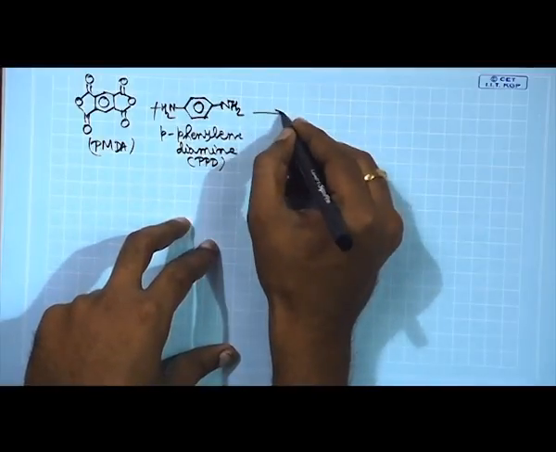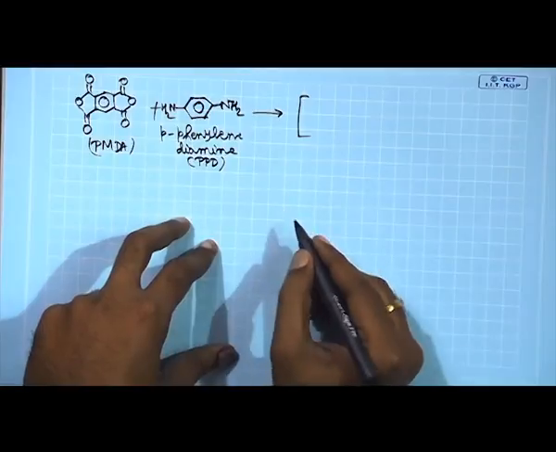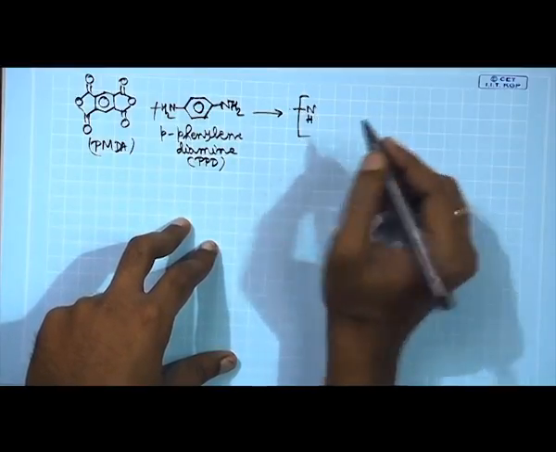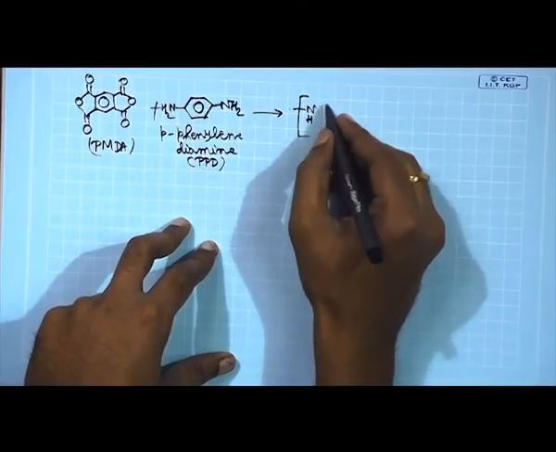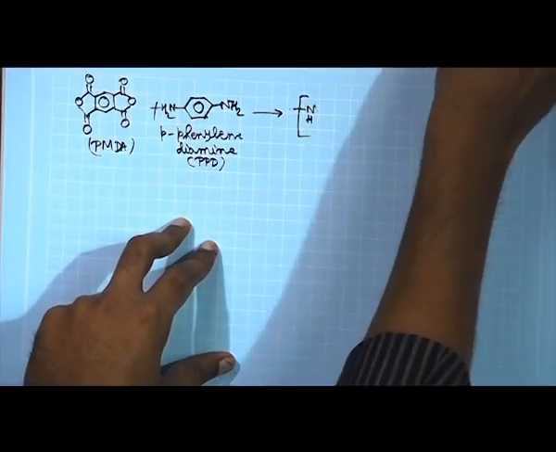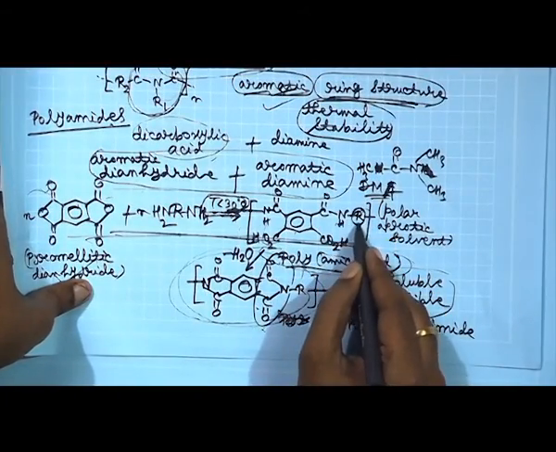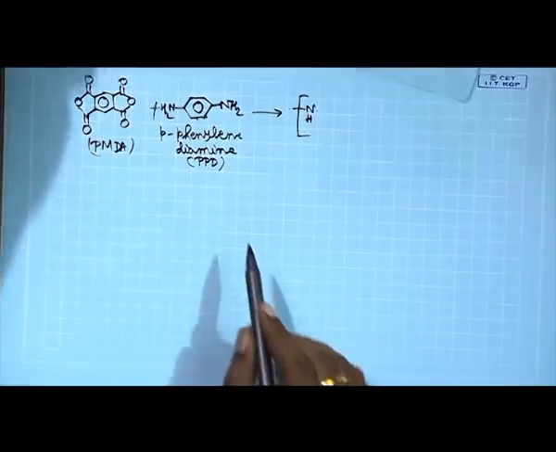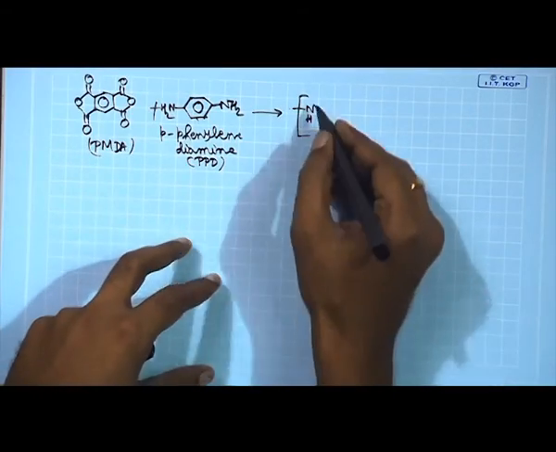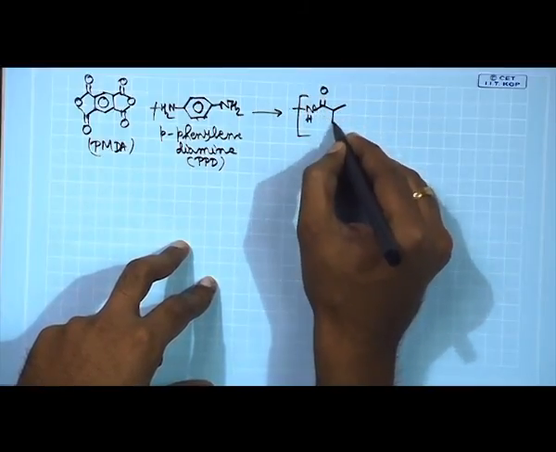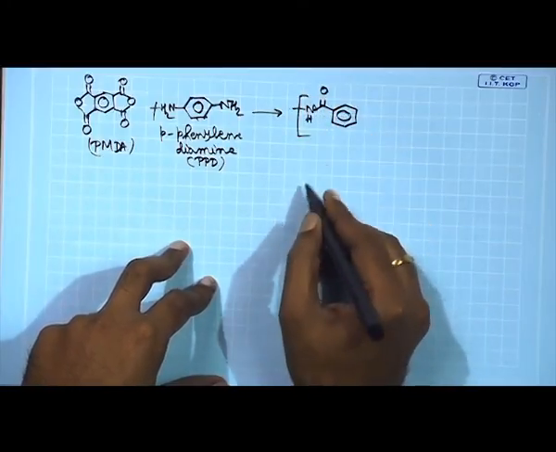And when you prepare the polyamic acid, what is the structure of this polyamic acid? It will be something like this. Instead of R here, you will have this aromatic ring. So, if you remember the general structure, it is not difficult to find out what is the product. I am not drawing the carbons here, but carbons are there, you could put them also.